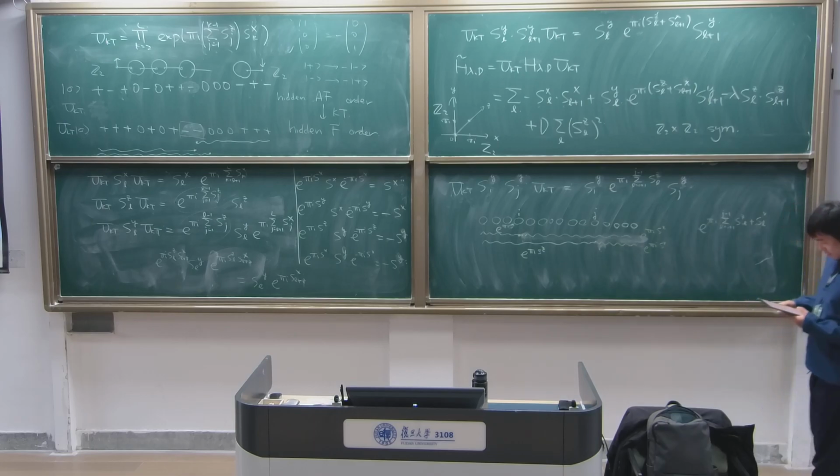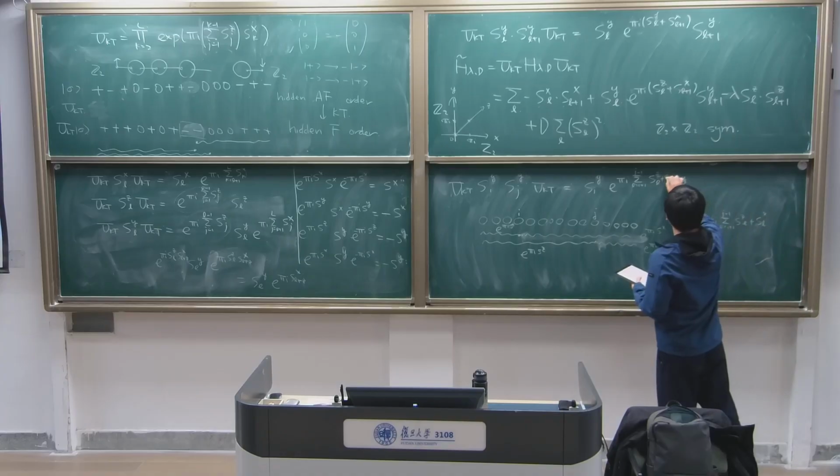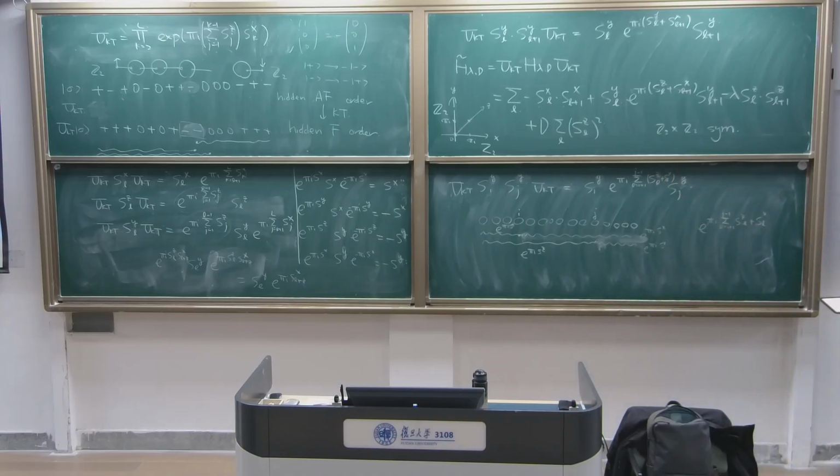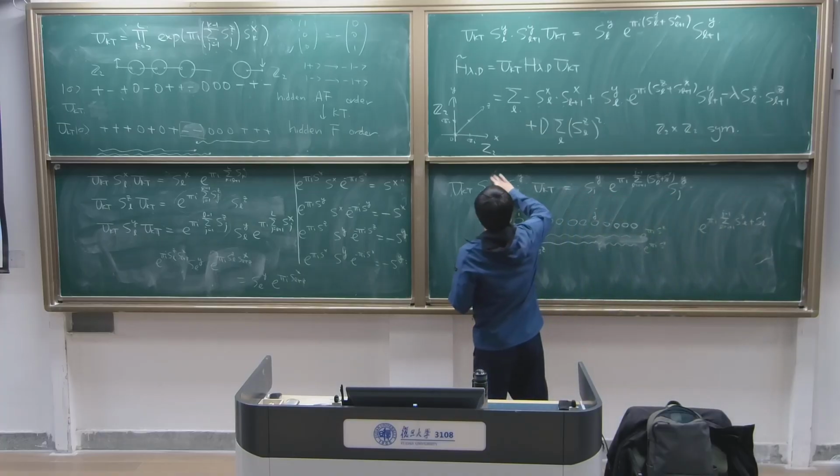So, this part. Oh yeah, so this part is... Okay, so this one is just like this one. You got like this. However, if you restrict yourself to x and z, it's really like this.